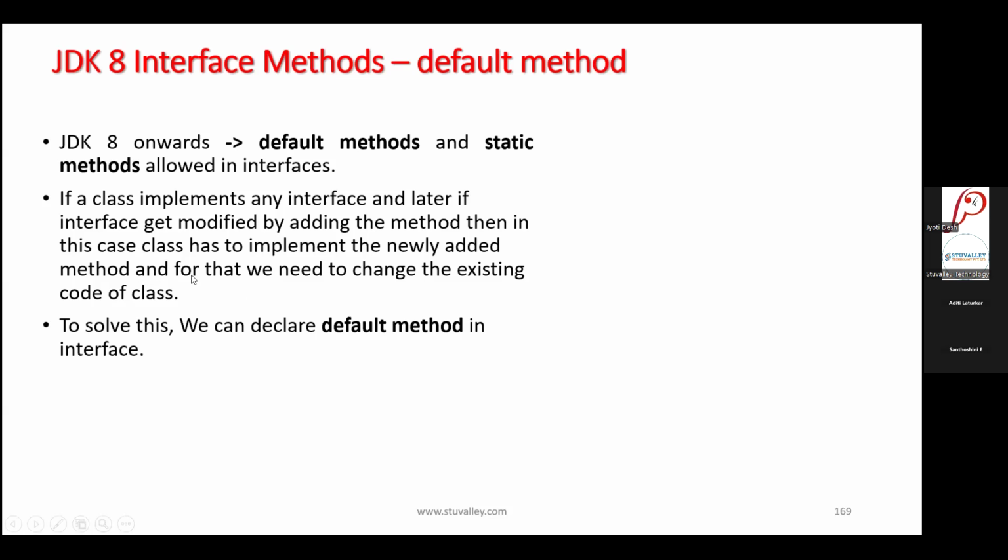Understood? You can provide the default implementation using this default method, and if you want to give implementation in other implemented classes, you can, or by default it will use this default method implementation itself. Okay, how, that we will see.